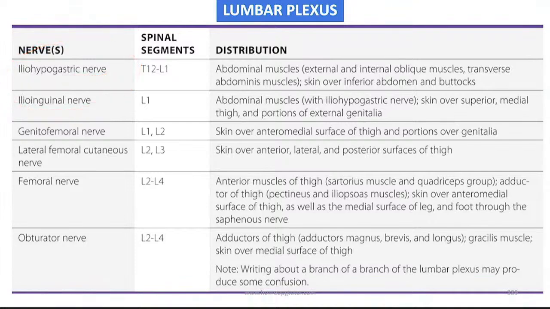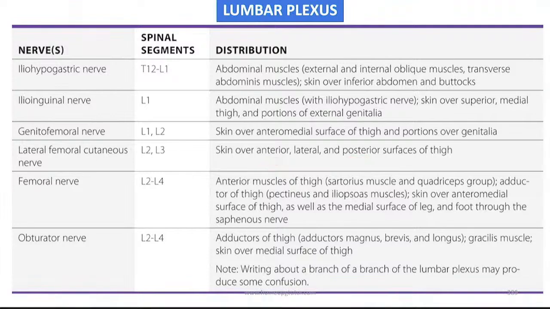Okay, then coming to genitofemoral nerve, from the term only you can understand, it gives off branches to the portions of genitalia and also anteromedial surface of thigh. Okay, anteromedial surface of thigh. Okay, then lateral femoral cutaneous nerve, again the term is very easy, lateral femoral cutaneous, skin over the lateral portion and also of the anterior and posterior surface of thigh.